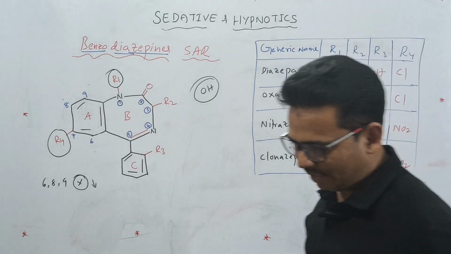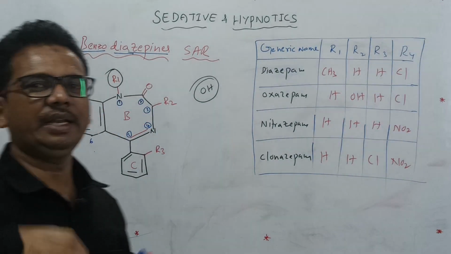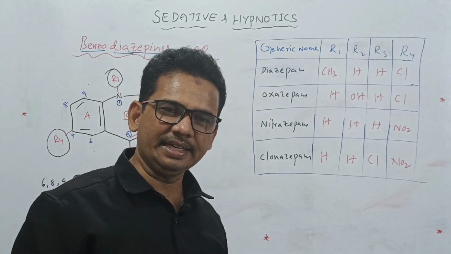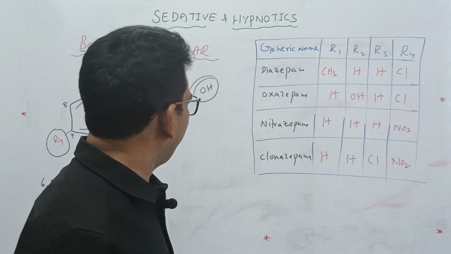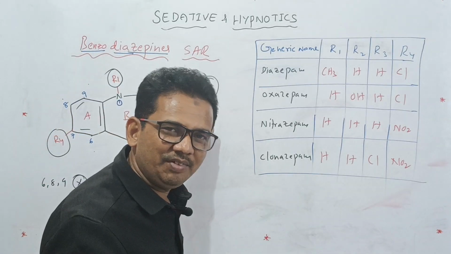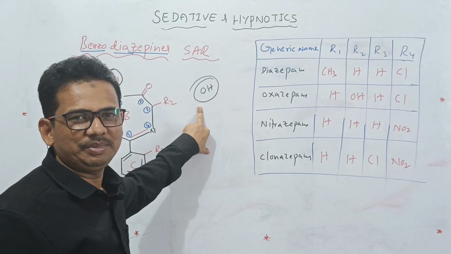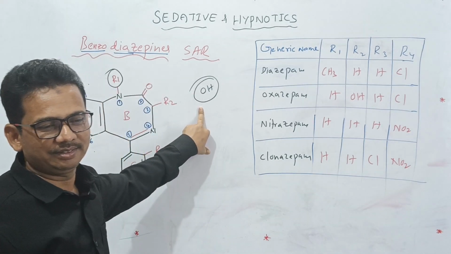OH group. Why is it required? If the OH group is absent, non-polarity increases and the duration of action increases. But if OH is present, polarity increases, and the half-life of this drug decreases.